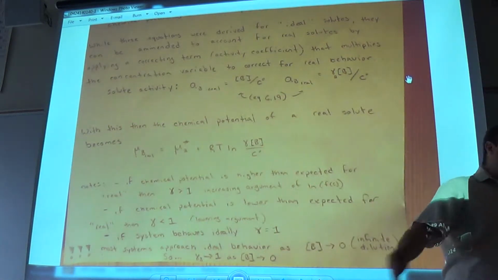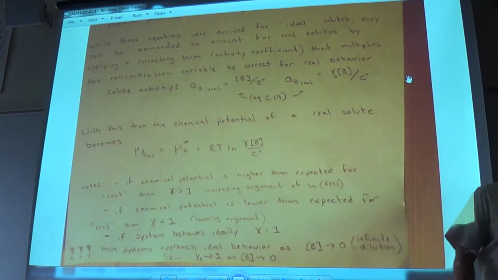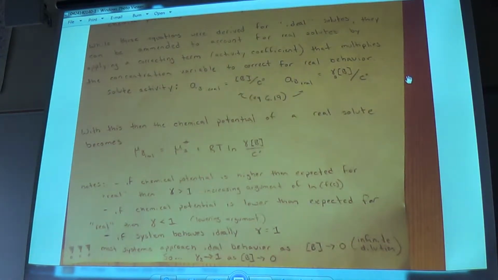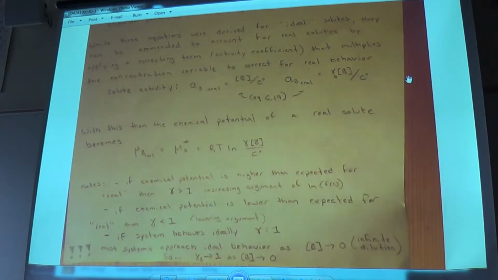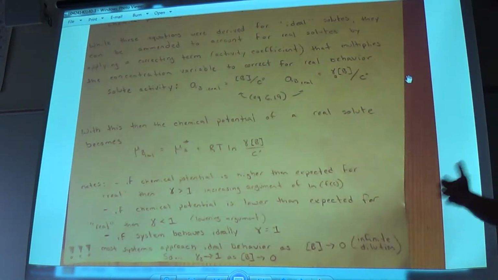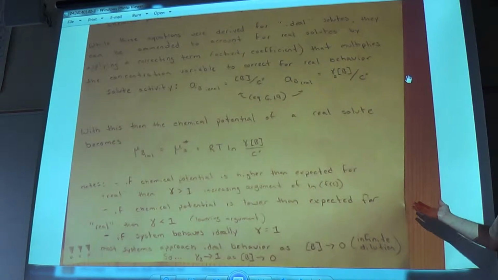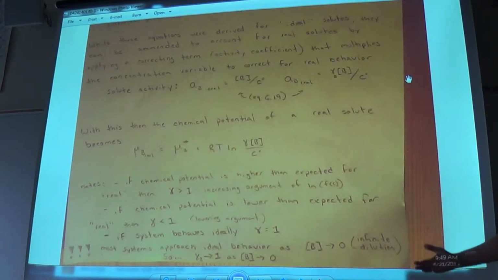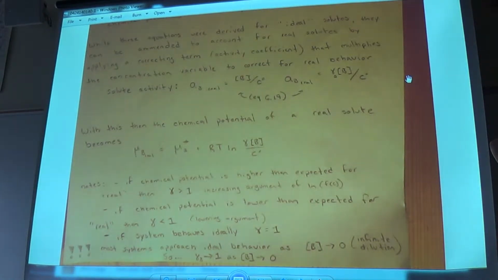If the solute is behaving according to Henry's law, the activity coefficient is going to be equal to 1. Yeah? So for an ion in solution, we said that it's bound more tightly. This lowers its chemical potential. This means that relative to something that obeyed Henry's law, at the same concentration, we would expect that the chemical potential was lower for that ion in solution. So what would the activity coefficient be? Greater than, less than, or equal to 1 for a system like this?